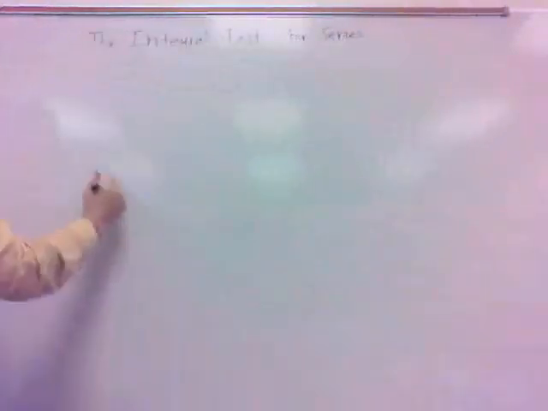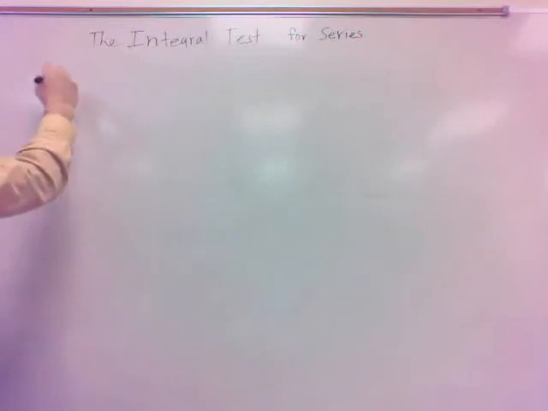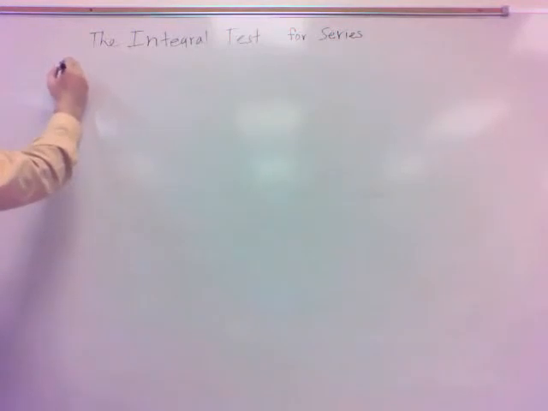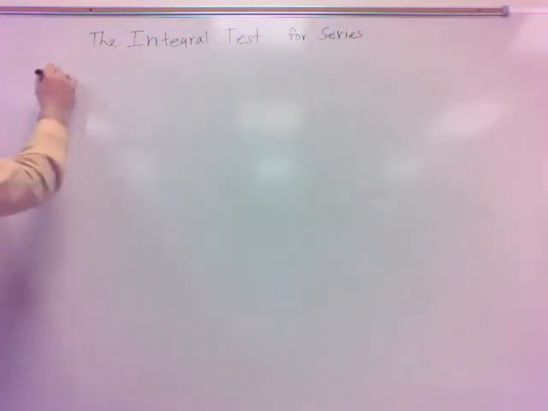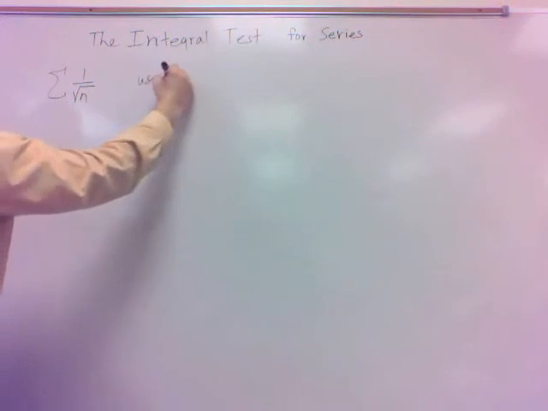All right. Here we go. Let's use the integral test on this one. A lot like the other one, but it's 1 over the square root of n. Let's use the integral test on that.